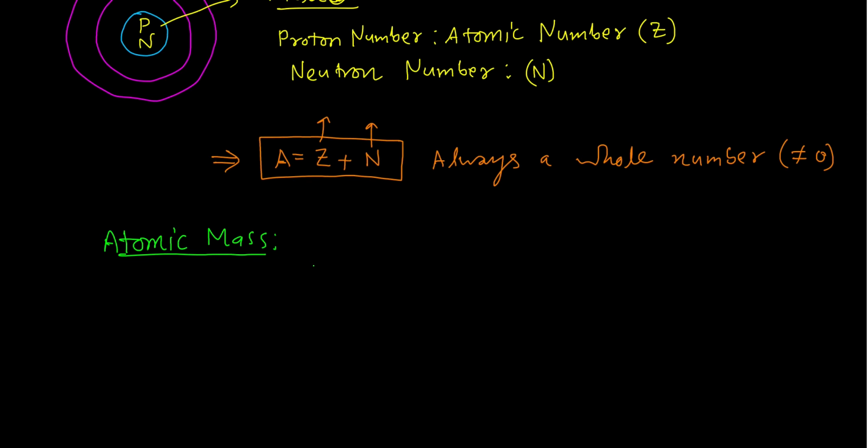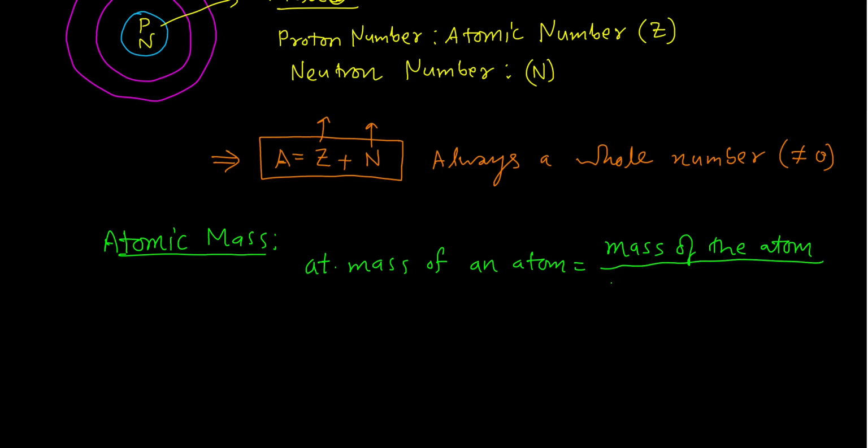You can define it like this: atomic mass of an atom is the mass of the atom divided by the mass of one carbon 12 atom. I will not go into detail, but as you can see, this is a ratio, so it can be a fractional number.